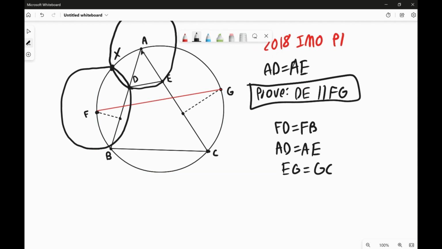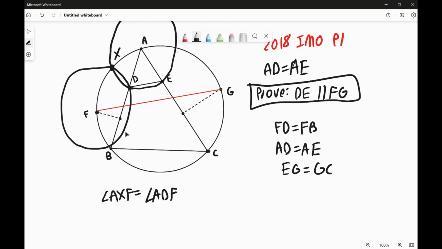Well, we have that angle AXF is equal to angle ADF because A and F are the centers, and X and D are symmetric across AF by symmetry. So we immediately have right off the bat that AXF is equal to angle ADF.